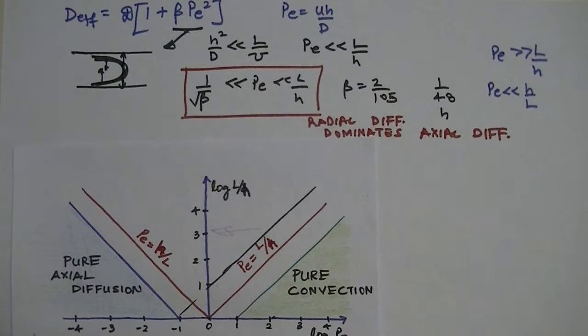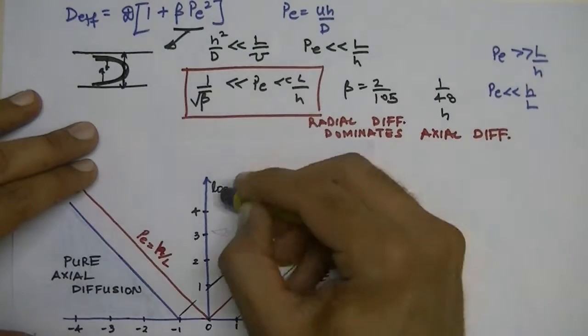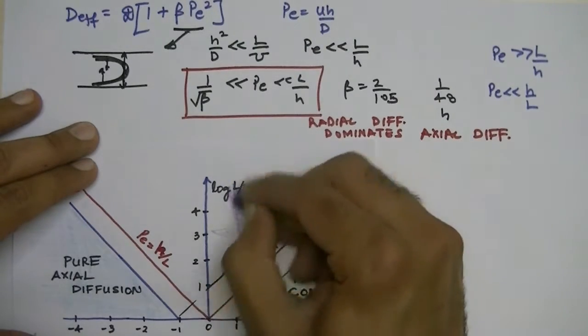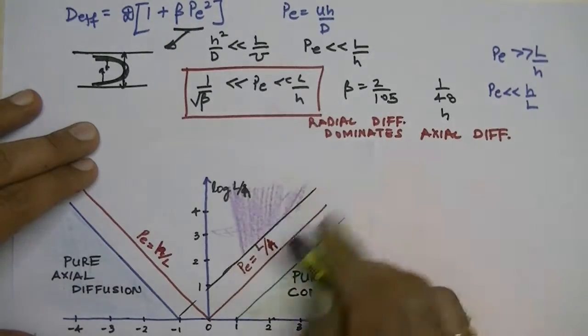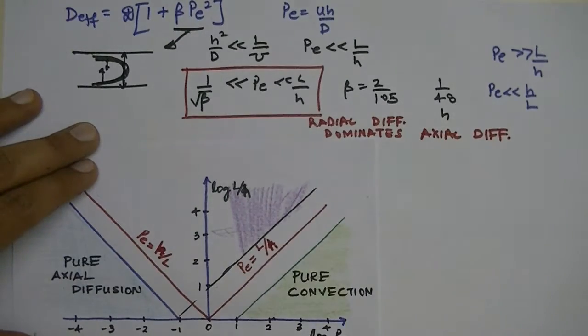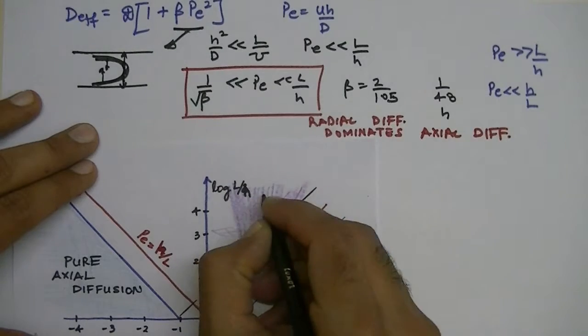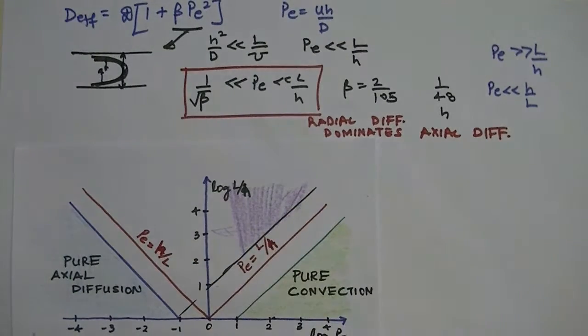Okay, so that is actually this regime over here. So Peclet number is large, and this is actually the Taylor dispersion regime.